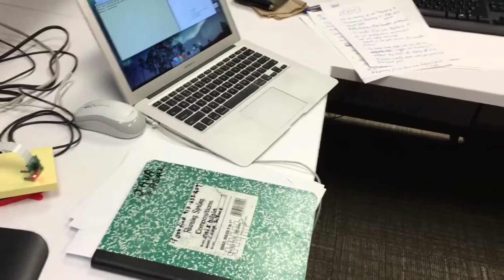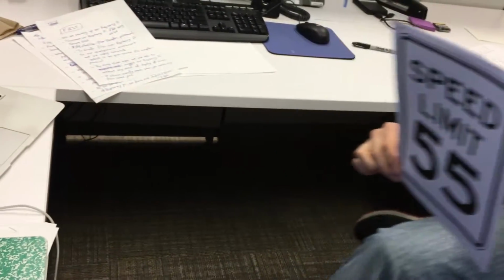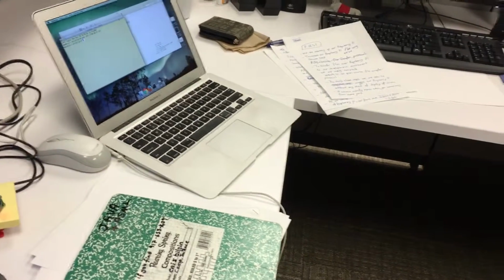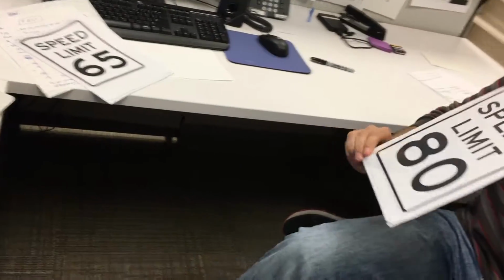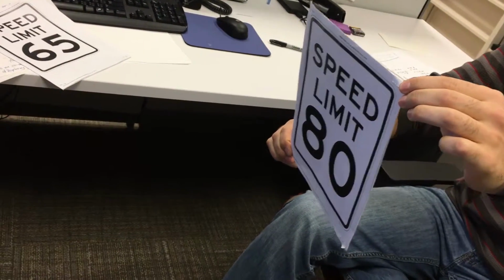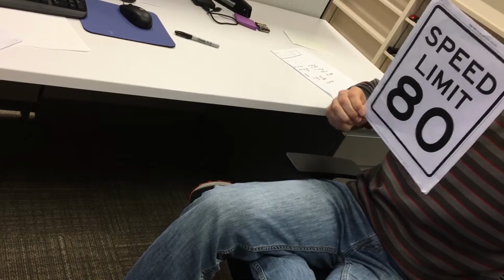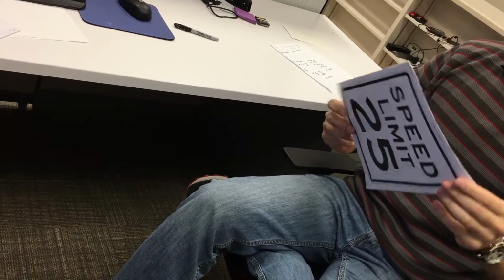They are the more common ones. This is the 55 right now. We are showing our Raspberry Pi with a little bit of rotating. Let's go for 80, speed limit 80. Let's go for speed limit 25.